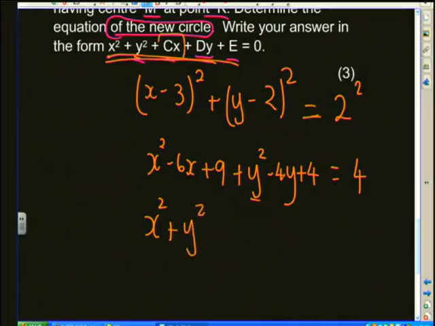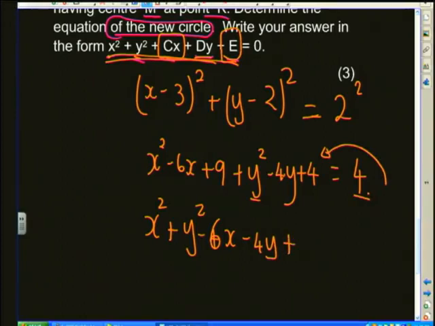And then we have the term with the x, so we add any like terms here. We don't have any, so we've just got minus 6x plus Dy. So Dy is just going to be negative 4y plus E, E being your constant, so therefore we're going to move the radius, that length, over to the left-hand side, and let's add where we can.